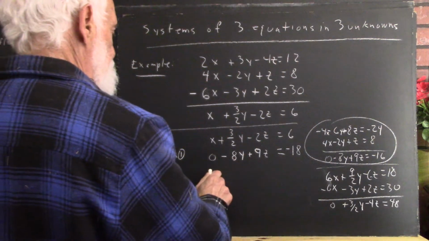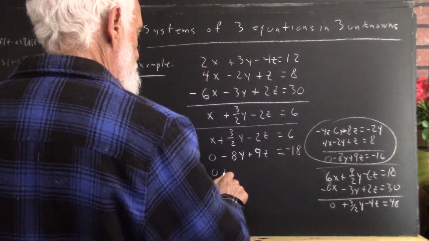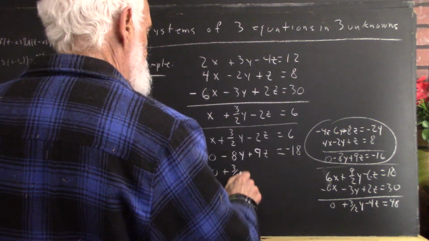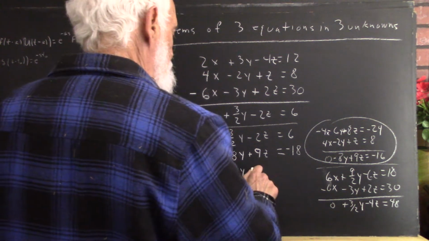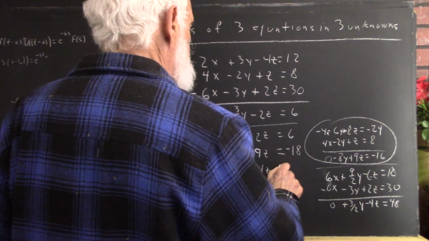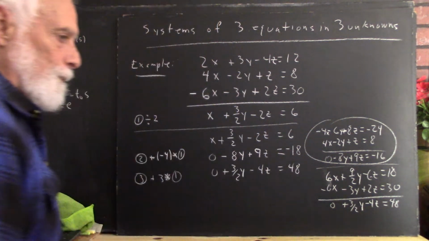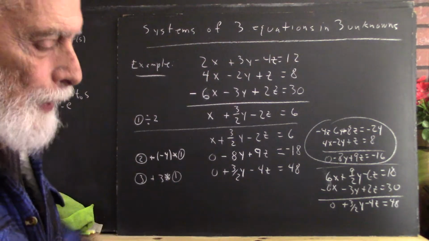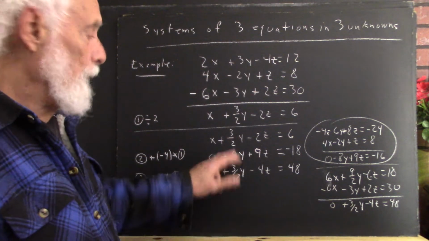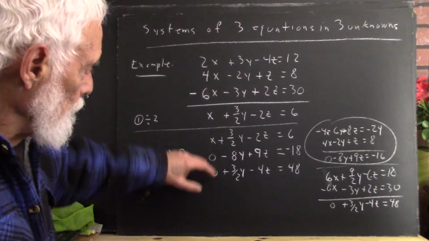Okay, so I get 0 plus 3 halves y minus 4z equals 48. Now I'm not going to double check that, so I could have an error there, but you understand that it's going to look something like this.